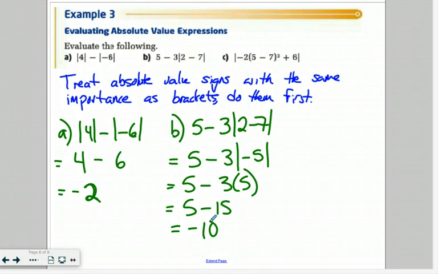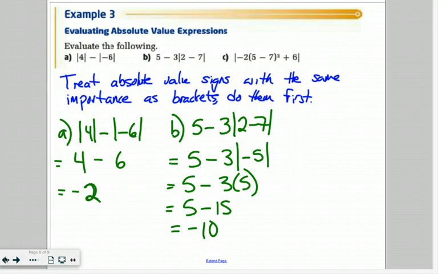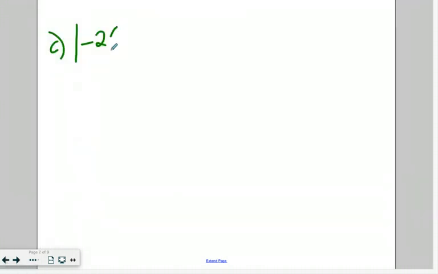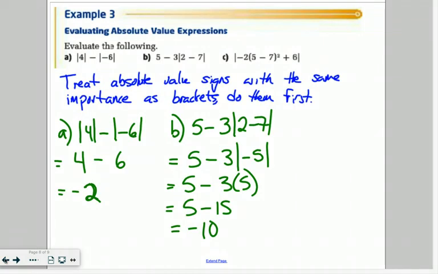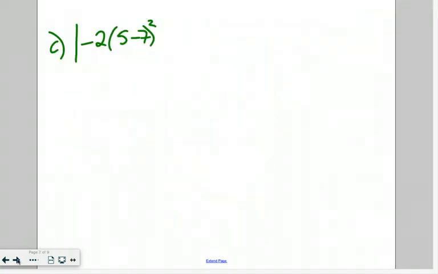Okay? In our third example, we have the absolute value of negative 2, bracket 5 minus 7 squared, plus 6, and the absolute value.